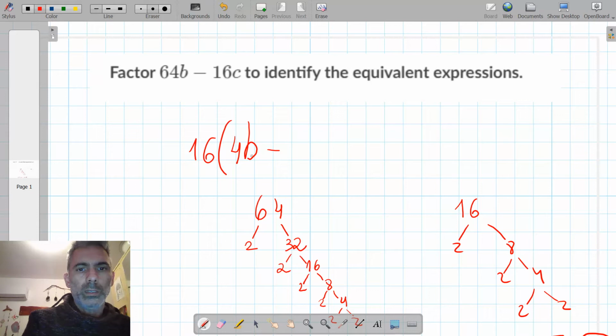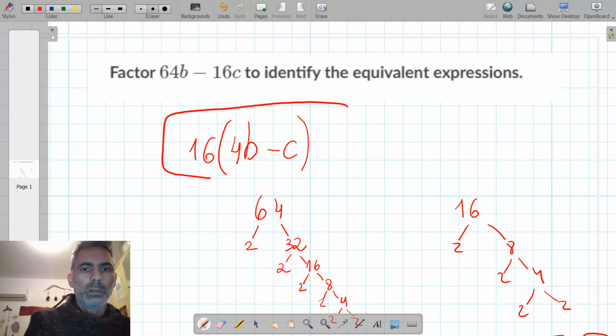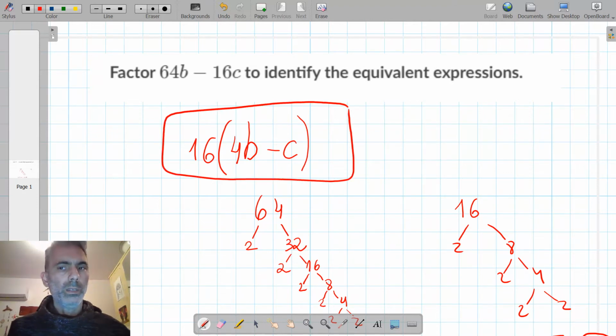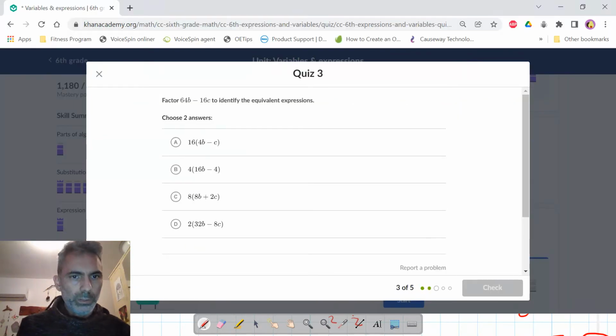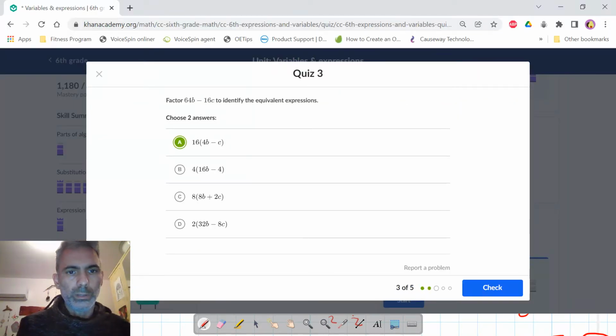So 16 times 4b gives me 64b minus, and 16 divided by 16 is 1. So what is left is c. So if I multiply 16 by c, I get minus 16c. So that is the equivalent expression with the largest common factor. Let's see if it's one of the options. Yes, 16 times 4b.